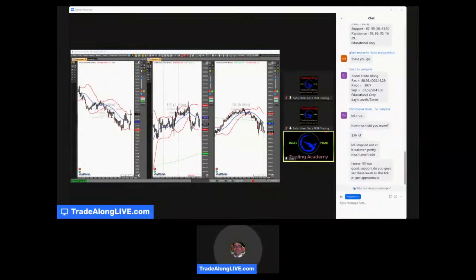The 50 is holding. Now that we're down to it, you were asking, well, I try and go to the tick, but these are areas that everybody should be jumping in at in this market.